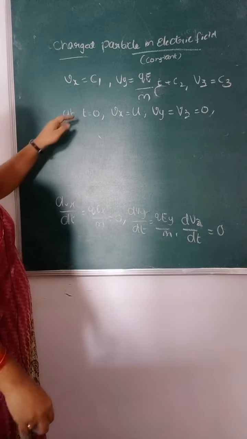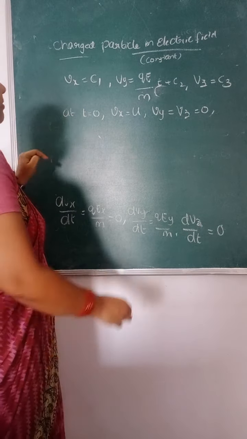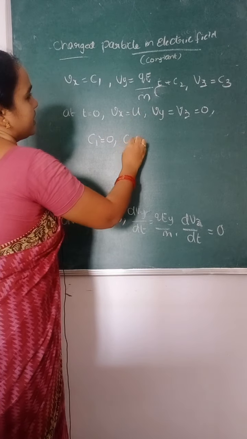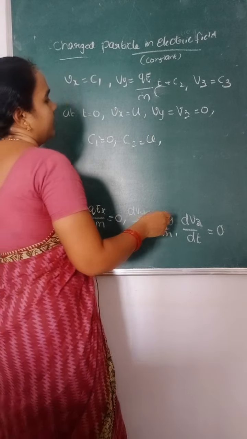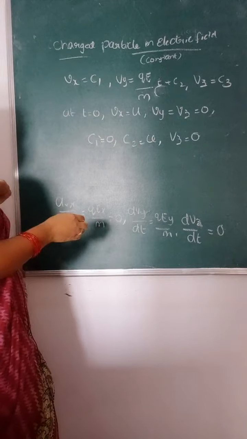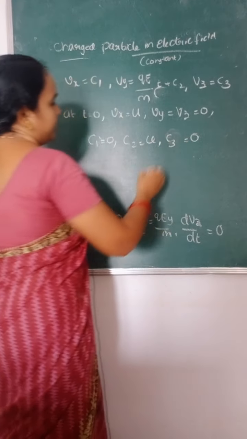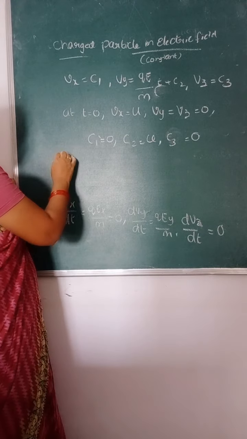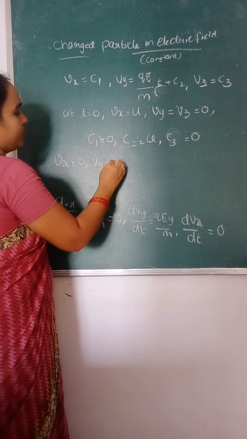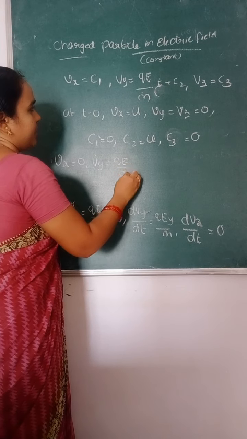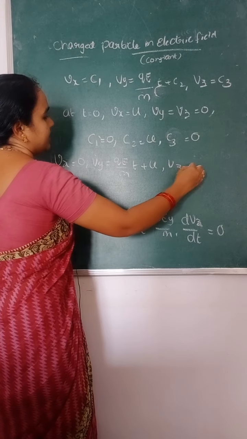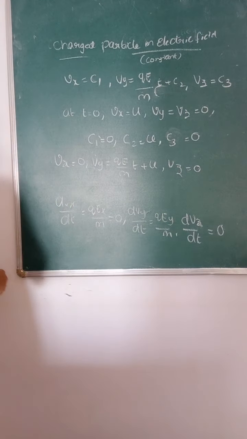Then at initial velocity C1 is 0, C2 is equal to u, and Vz is 0 since there is no component, that is C3 is equal to 0. Substituting these values, we get Vx is equal to 0, Vy is equal to QE by m into t plus u, and Vz is equal to 0.